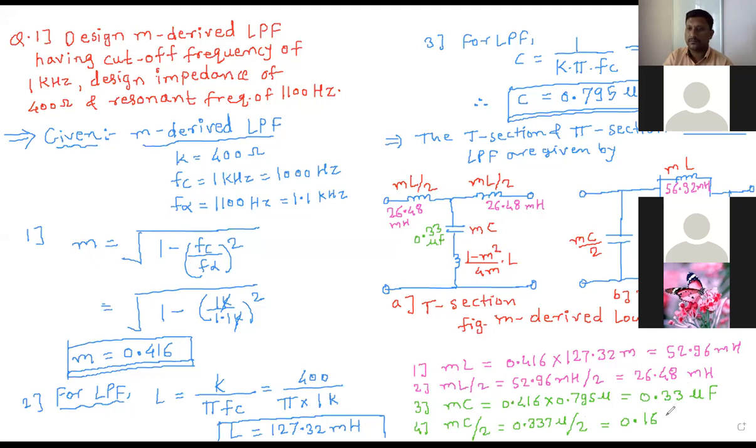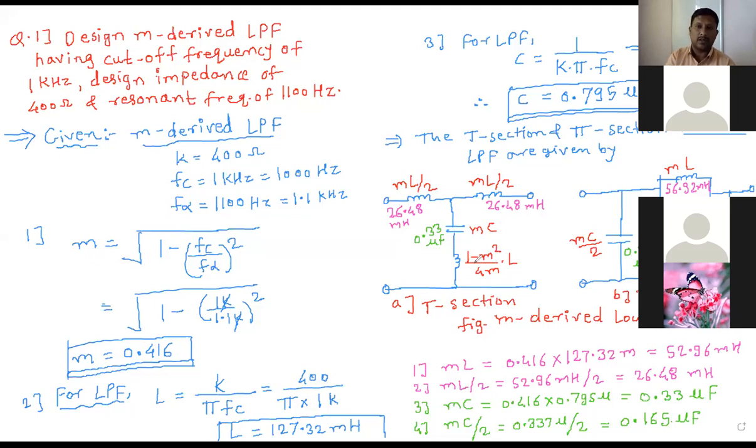Yes or no? Yes, sir. Okay, 0.165 I will take in microfarad. So that I will mention here: 0.165 microfarad. So 4 values I have calculated now.